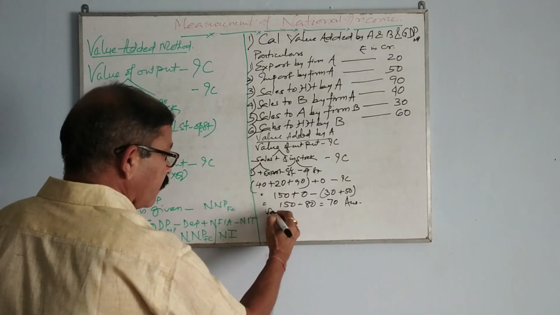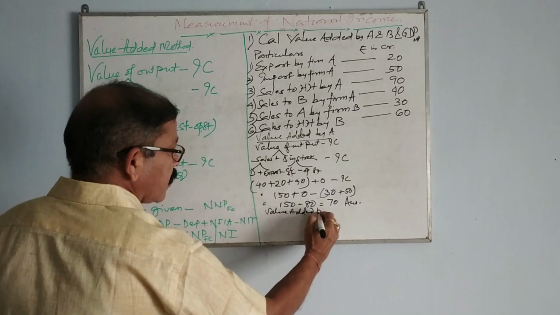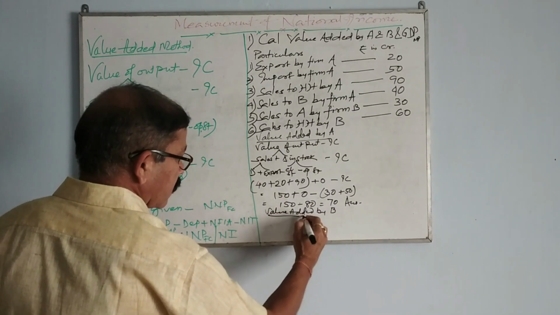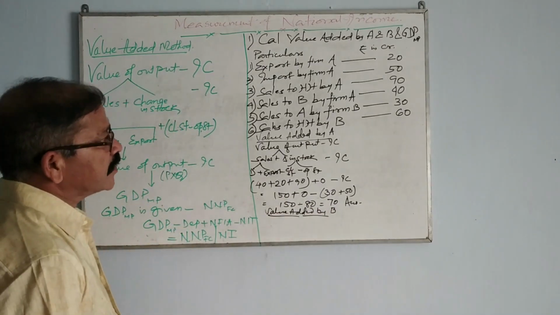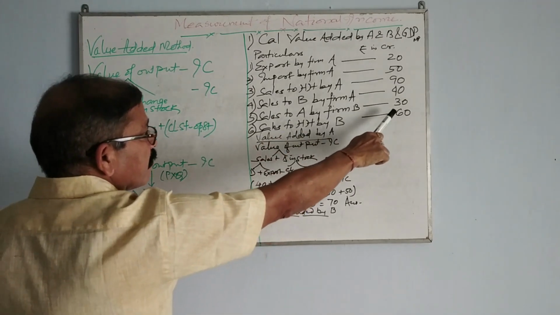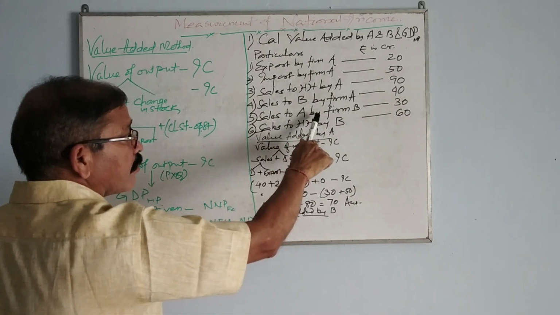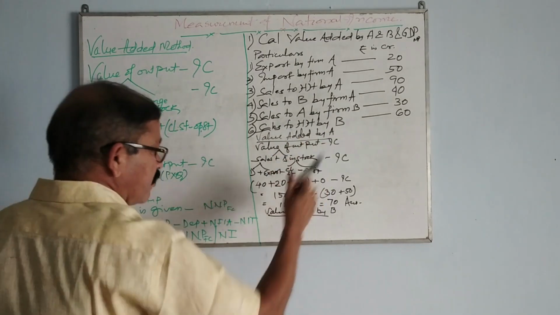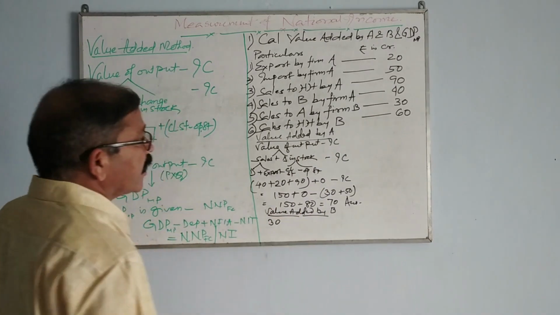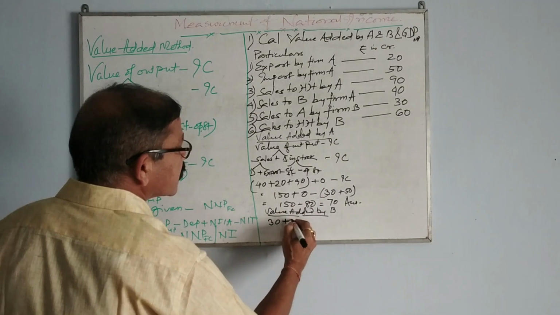Now value added by B. See, what are the sales? Sales to A by firm B, that is 30. Anything else? Sales to households by B, this is 60.